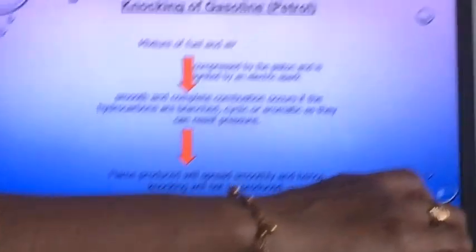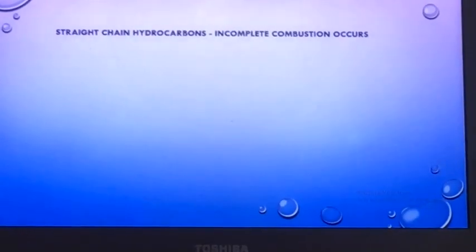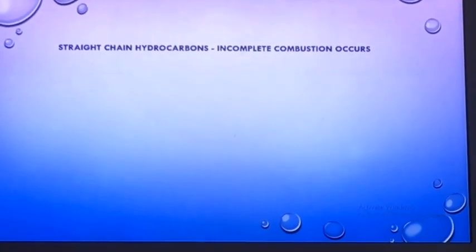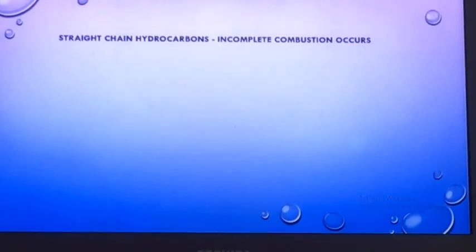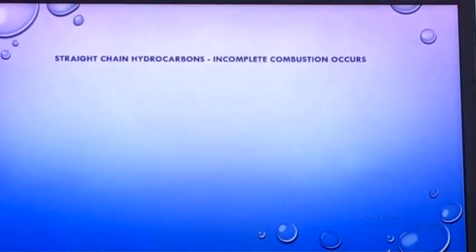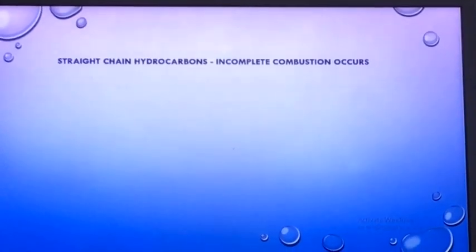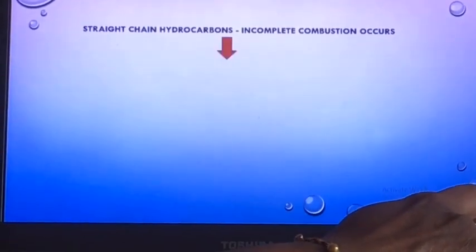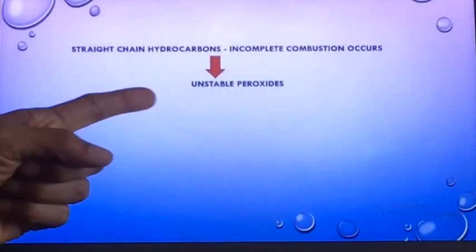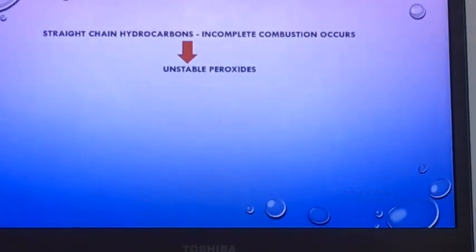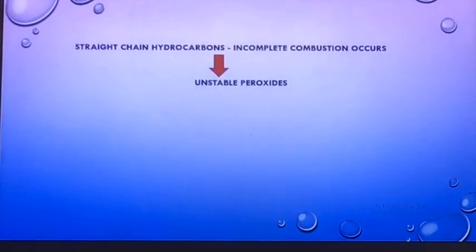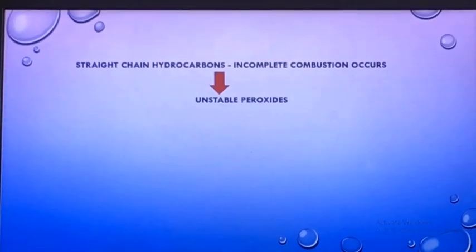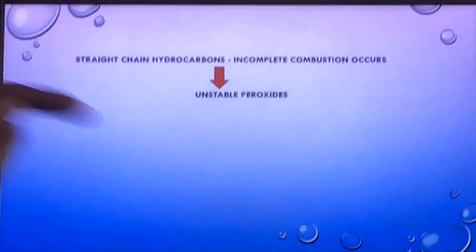Instead, if straight chain hydrocarbons are present, during compression, straight chain hydrocarbons cannot resist pressure. As a result, incomplete combustion takes place, resulting in the formation of unstable peroxides. Straight chain hydrocarbons combine with oxygen and form unstable peroxides.